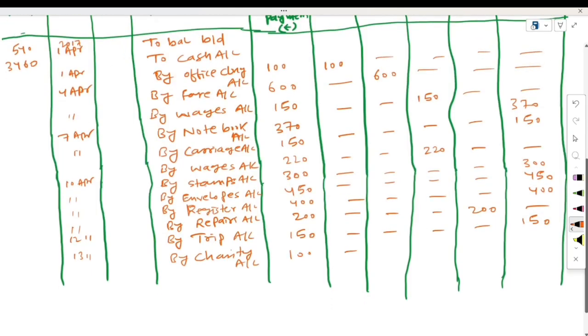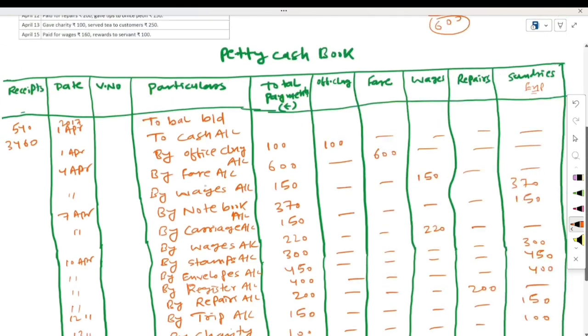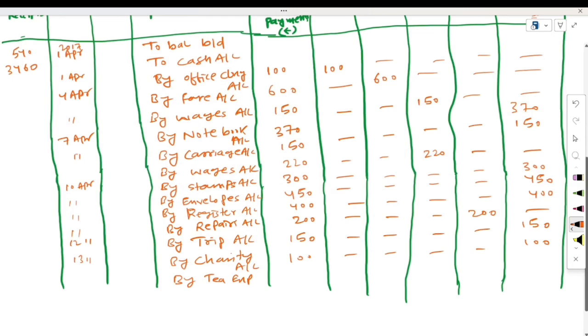You have to write 100 here. And served tea to customer, so by tea expense, how much was the tea amount? 250. You will write 250 here, and here also 250, because for tea expense there is no separate column.